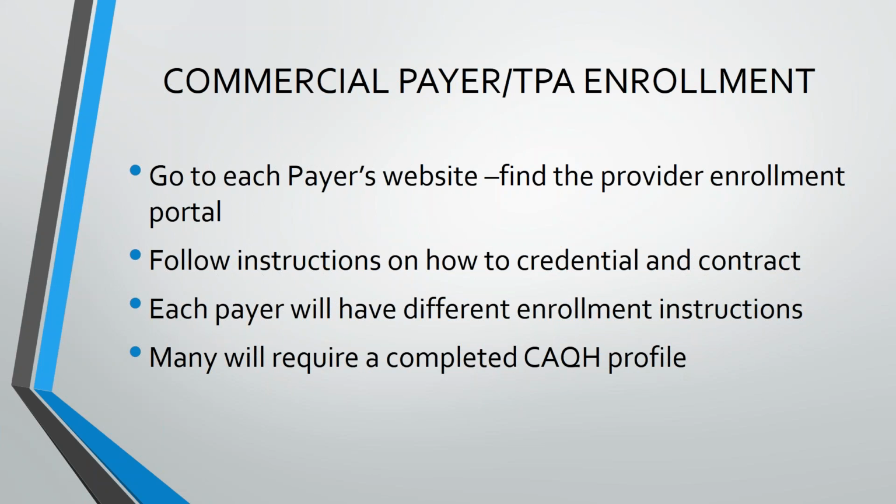Follow the instructions carefully on how to do the credentialing and the contracting per the payer's website, even if it means taking a screenshot of those instructions and copying it to a Word document, so that if for some reason it doesn't go as expected, you can appeal a credentialing application based on the instructions that were given to you on that website.